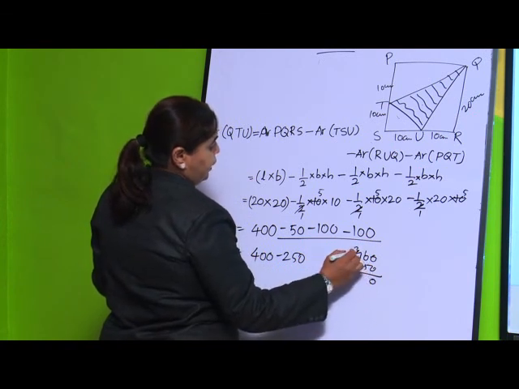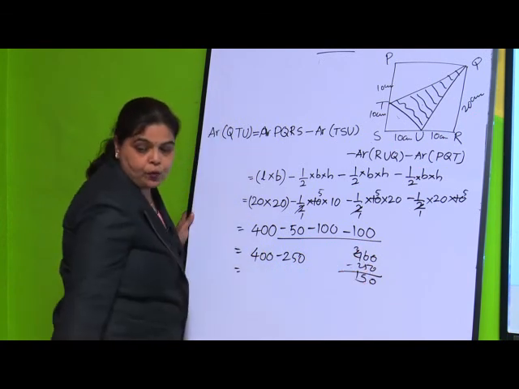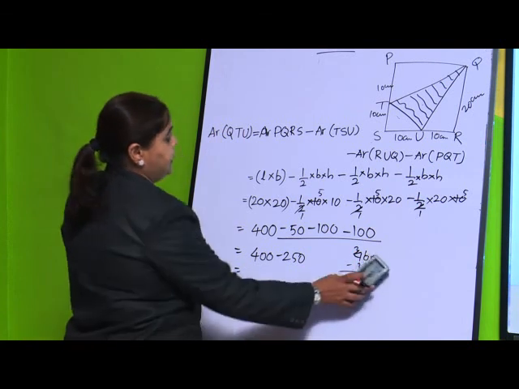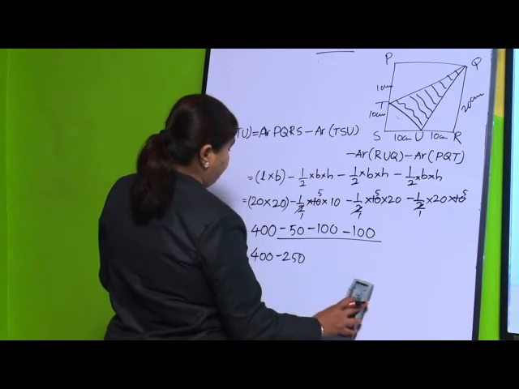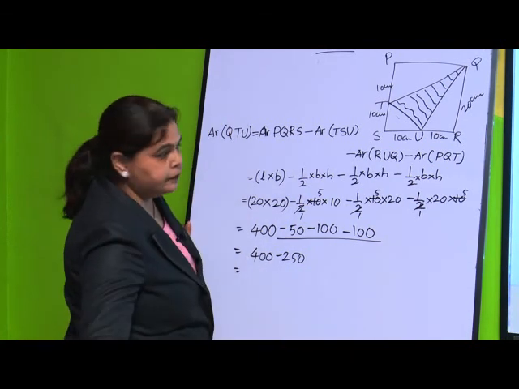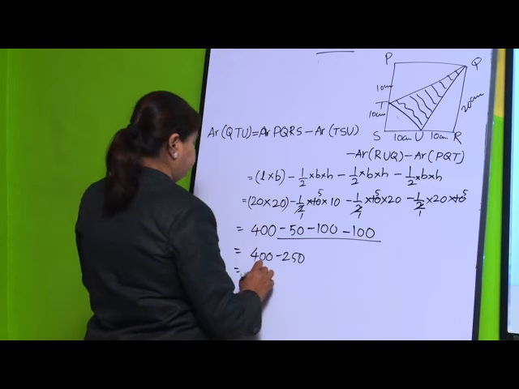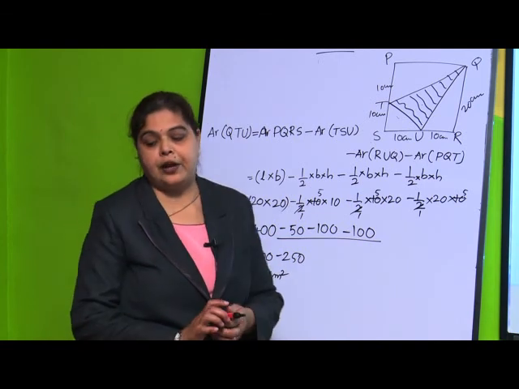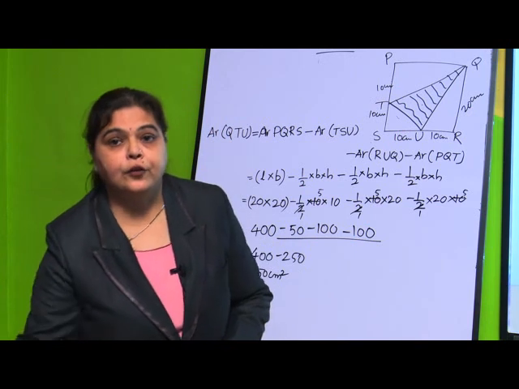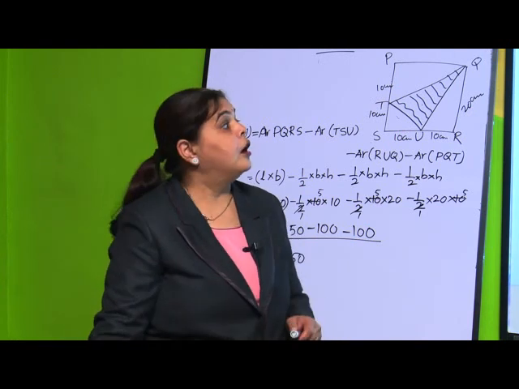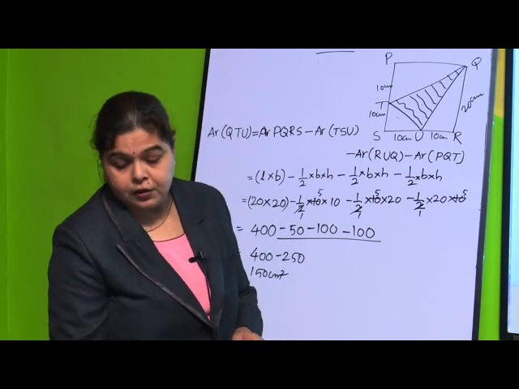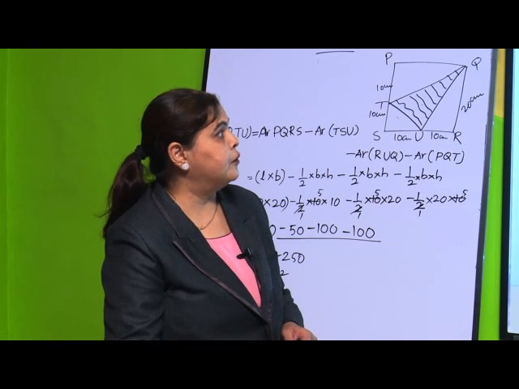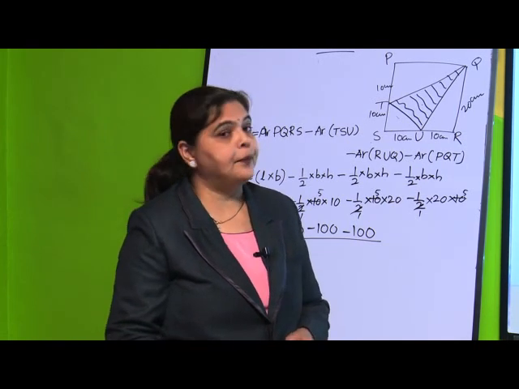Here it will be 3, it is 150. So, what is 150? It is nothing but centimeter square of the given figure. So, in this way we tried to find out the area of the shaded portion. We will go for one more example here.